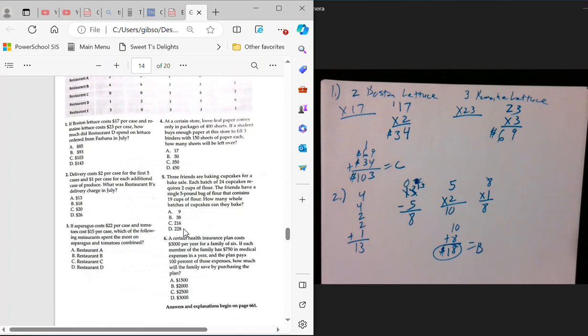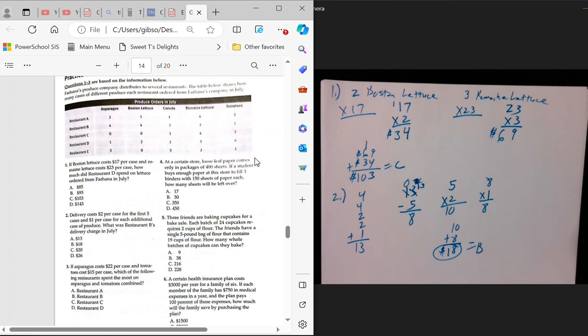Okay, number 3. It says if asparagus costs $22 per case and tomatoes cost $15 per case, which of the following restaurants spent the most on asparagus and tomatoes combined? If you notice here, they only talk about restaurants A, B, C, and D, so we don't have to worry about restaurant E. We want to know who spent the most on tomatoes and asparagus.